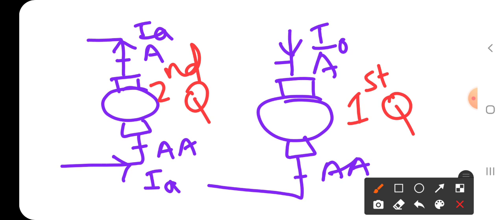So here I want to draw the waveforms for five things. The first one is the gate pulse for switch 1, VG1, next VG2, next output voltage, next output current, and the fifth one is source current. Okay. So first we consider it like this. All of you draw this.